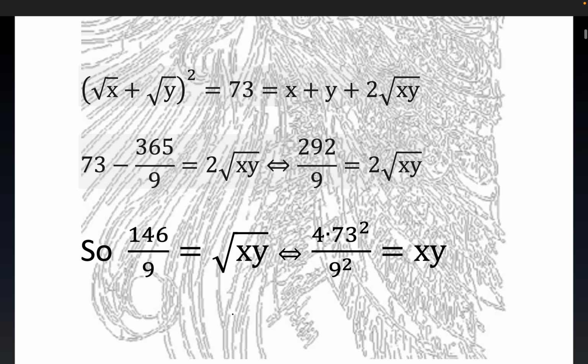Okay. Now, we get to this point right here where 146 over 9, a perfectly valid rational number, is equal to the square root of the product of two rational numbers. Now, I squared away to make it a little bit easier to identify what we're doing right here.